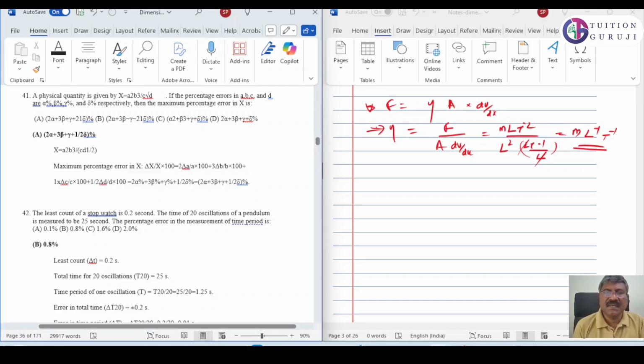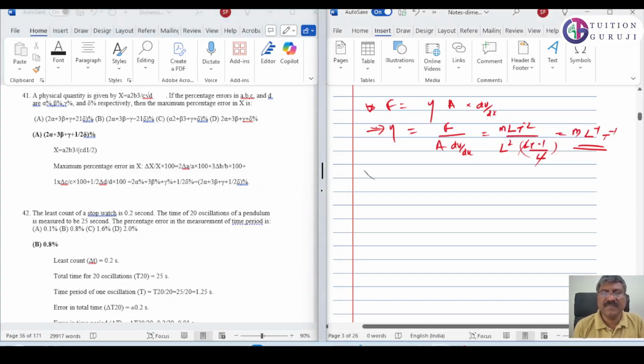Now, a physical quantity is given by x is equal to a square b cube by c square root of d.